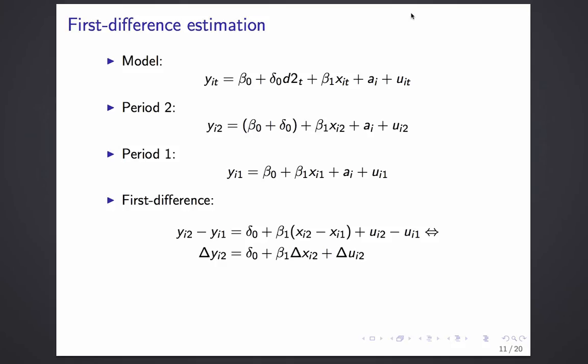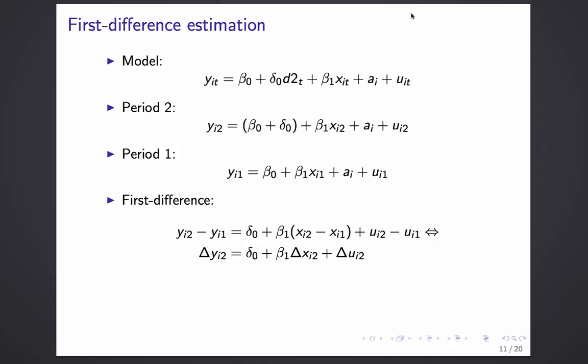Besides that, we obtain the slope coefficient beta 1 multiplied onto the difference between x, our regressor in the second period, minus the regressor in the first period. And then in the end, we have the difference between the idiosyncratic error in period 2 and that error in period 1.